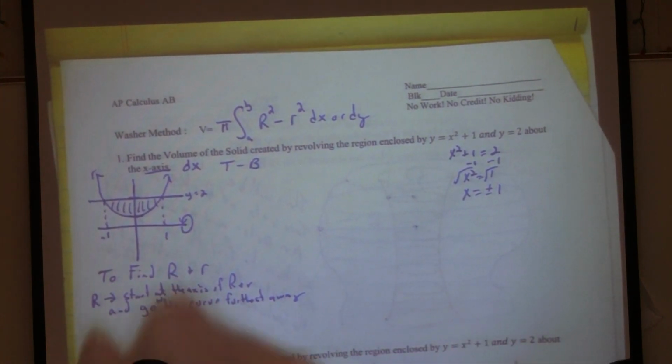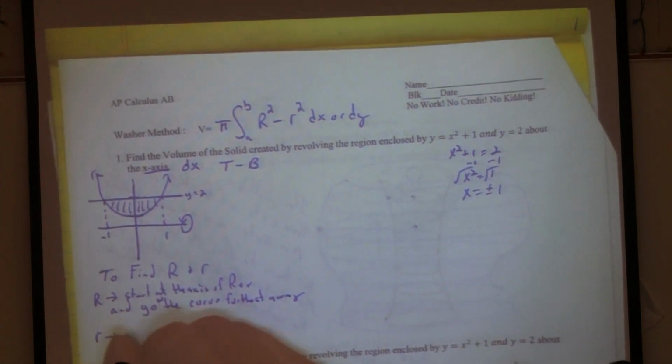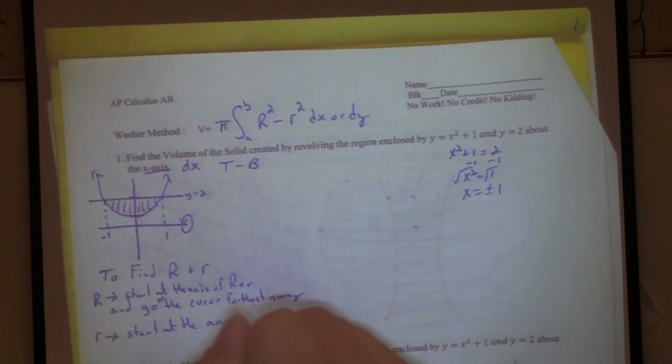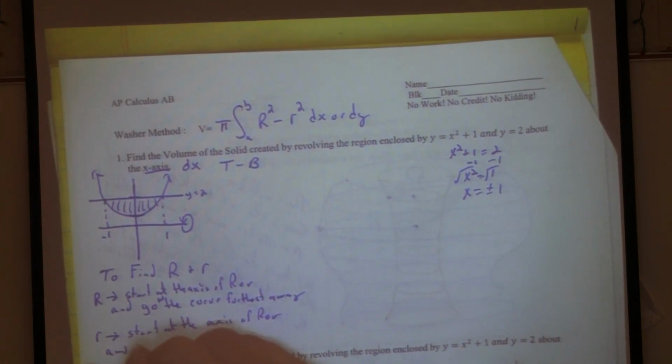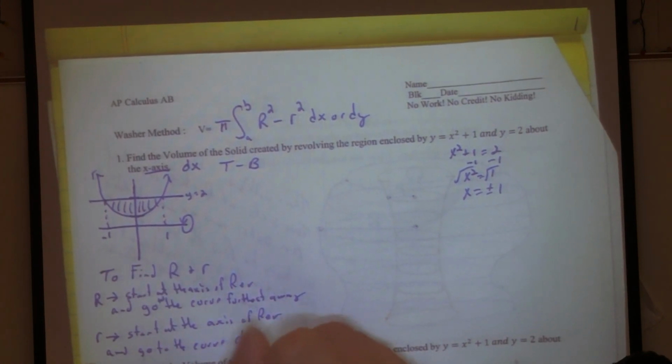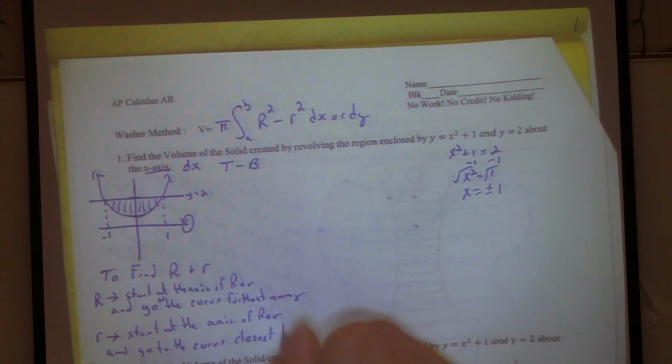To find little r, again, you start at the axis and go to the curve closest to it.